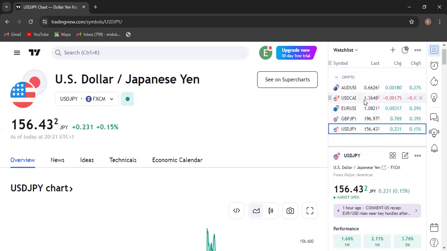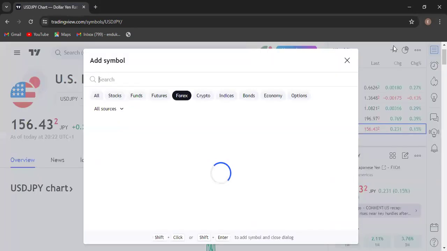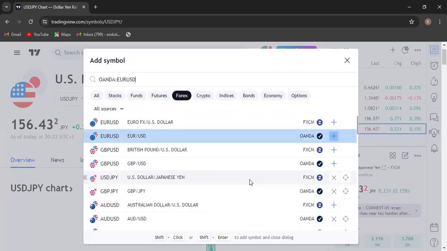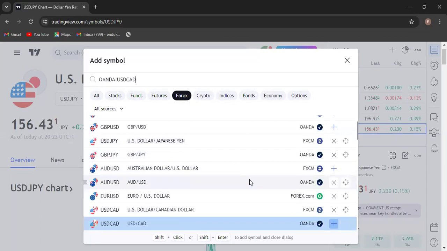If I want to add a pair to my watch list, I'll simply click on the plus sign that is here to add a pair. I already have EUR/USD, so I'm not adding that. Let me scroll down to see a pair that I don't have.